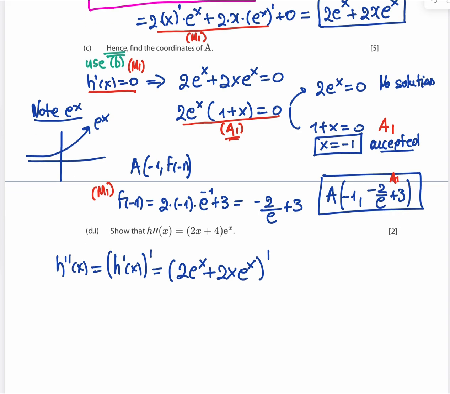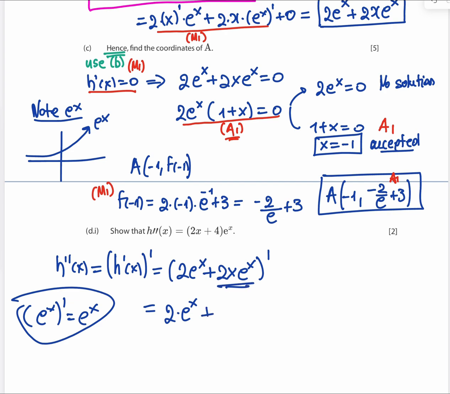So for the first part, we don't have a product rule, which is just a coefficient in e to the power of x. So that will remain as 2 times e to the power of x, because the derivative of e to the power of x is equal to e to the power of x. And then we need the product rule for the second part, which is going to become 2 times the derivative of x, which is 1, times e to the power of x, plus 2x times the derivative of e to the power of x, which is e to the power of x.